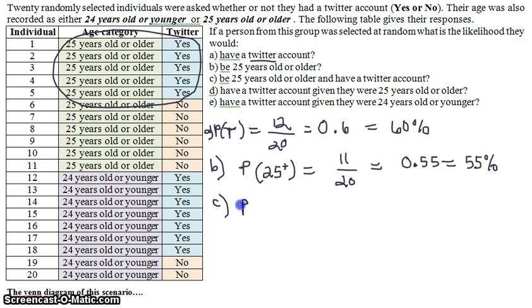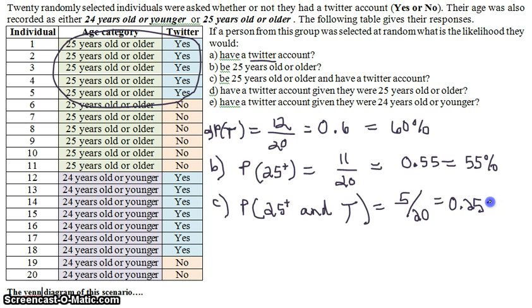If I wanted to write this in notation, that'd be the probability of 25 plus and Twitter, which I'm going to call T in this case. This is again equal to 5 out of the 20 people. And so if I were to randomly select someone, the chance that they would be 25 years old or older and they had a Twitter account would be 0.25, or in other words, 25%.